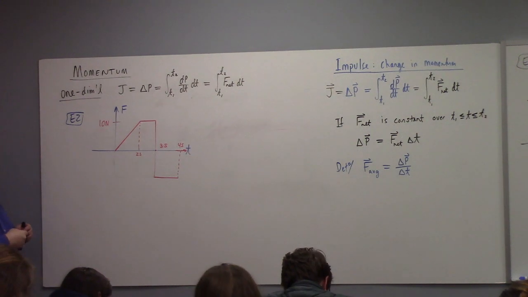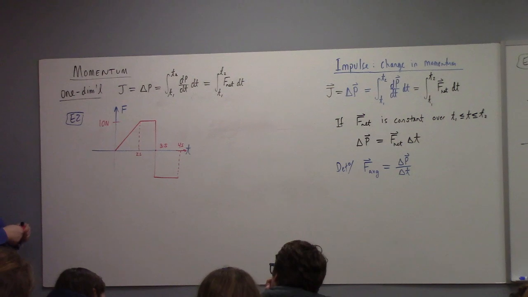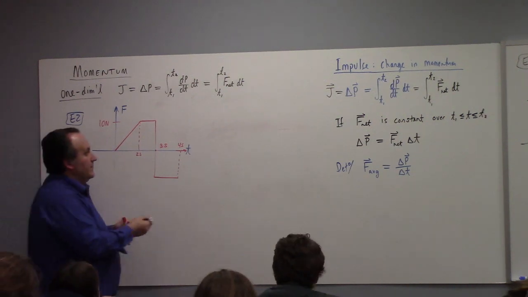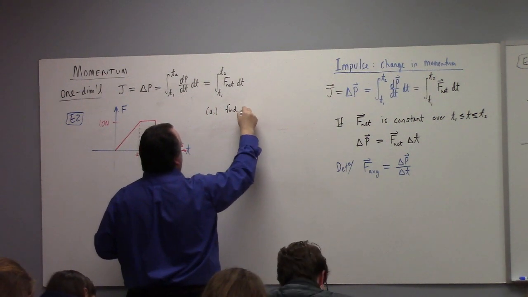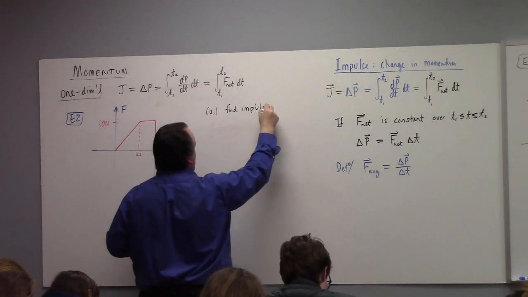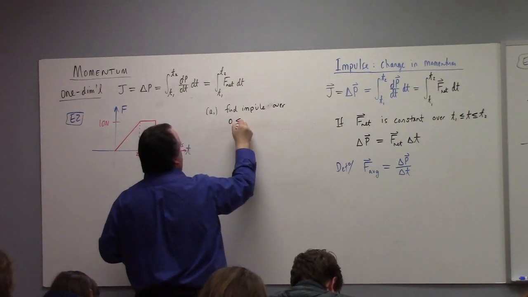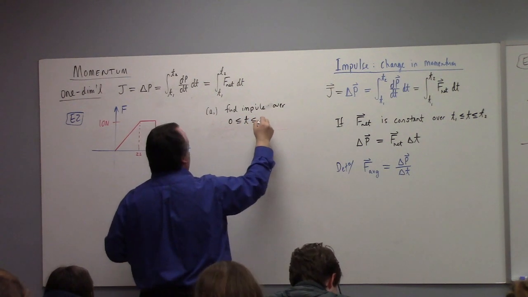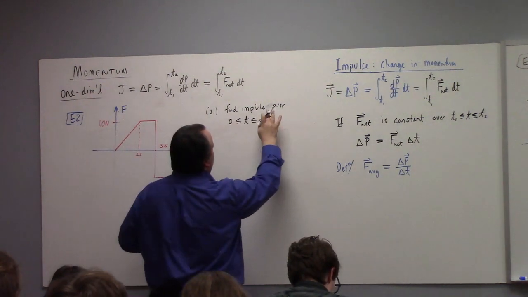Then we can ask, if this is the force-time graph, what is the impulse delivered to the system over various intervals? Like A, we can find the impulse over, say, time 0 less than t less than, I don't know, 2 seconds.